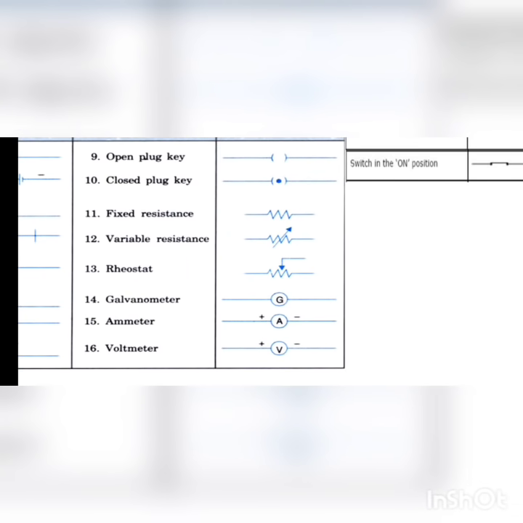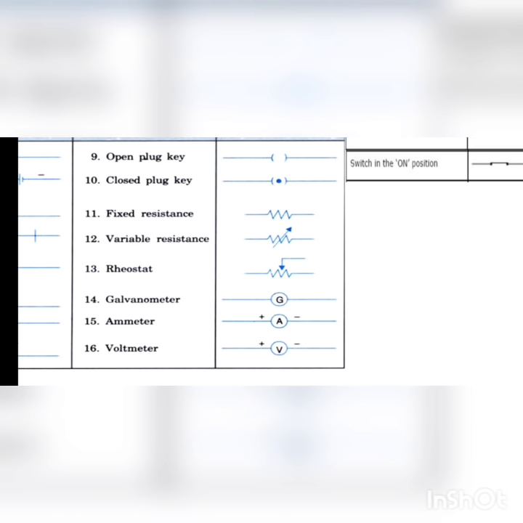If you are showing an open plug key, don't draw the dot in between these two brackets, and when you are showing a closed plug key, when you are completing the circuit, then draw a dot in between these two brackets. Fine. A fixed resistance has a symbol like a zigzag thing having two ends extended on both sides.